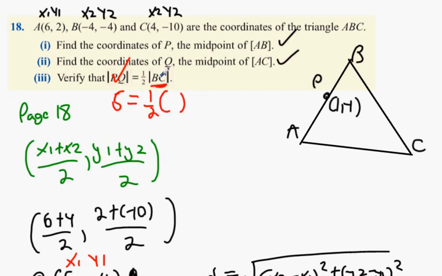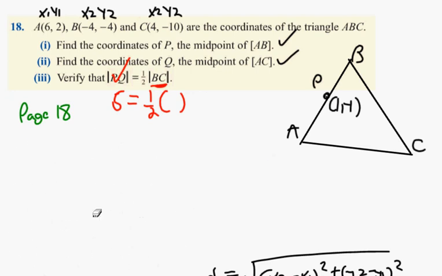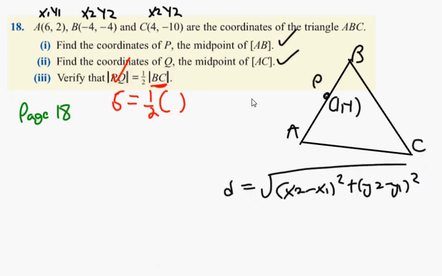The length of BC. So I'll do that up here. Length of BC. So, there's my formula. Length of BC. So, I'll call B x1, y1, and C x2, y2.